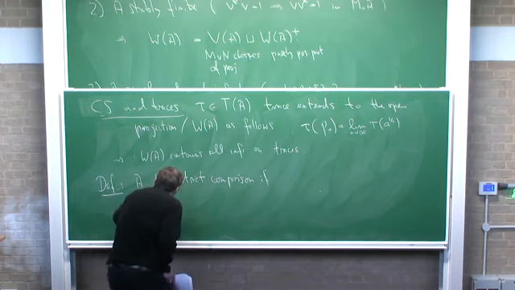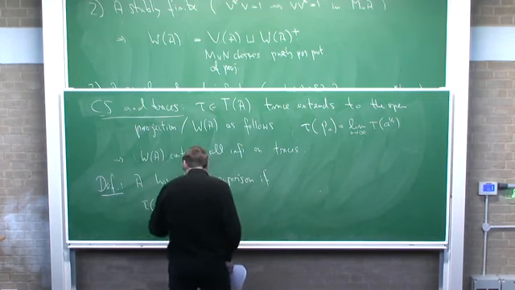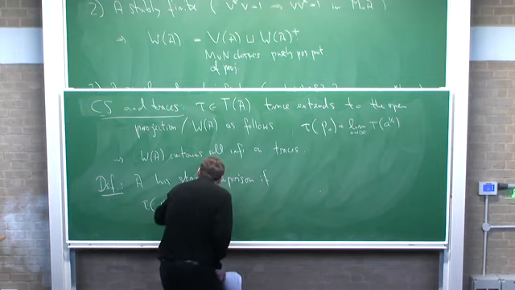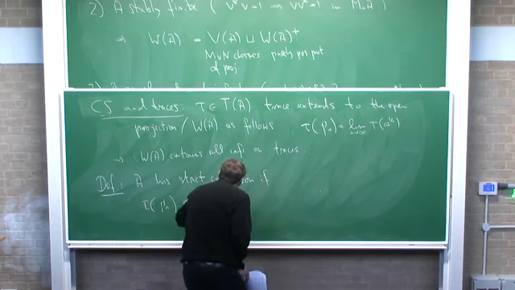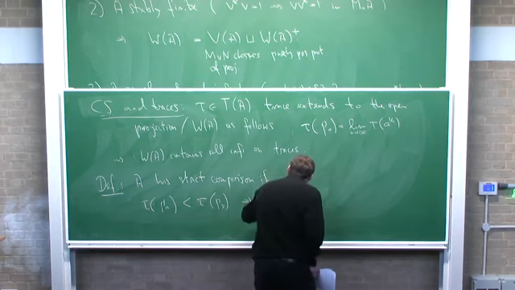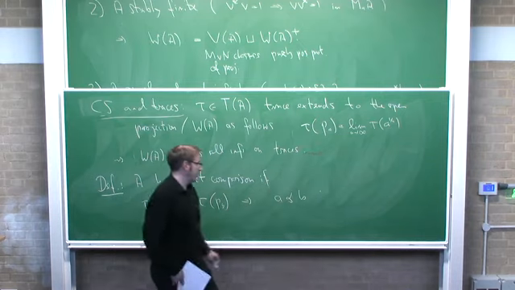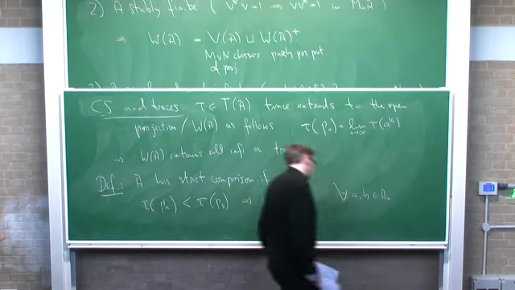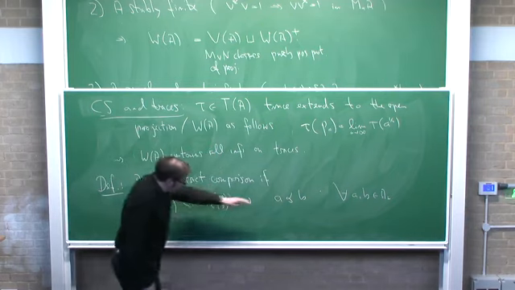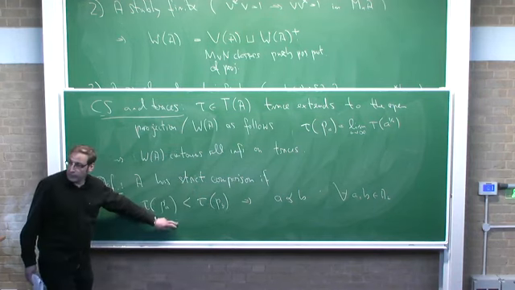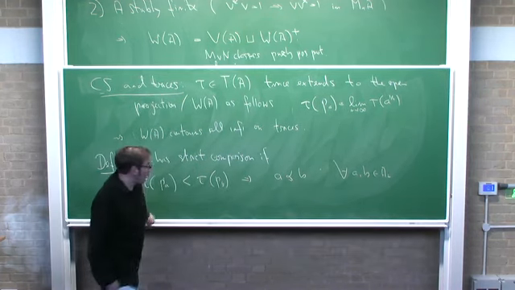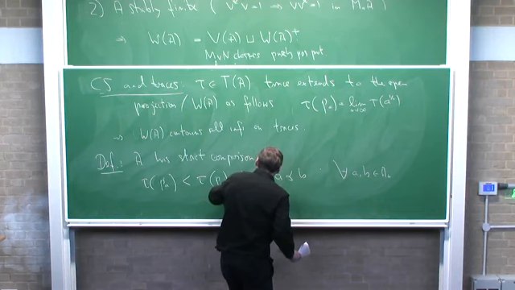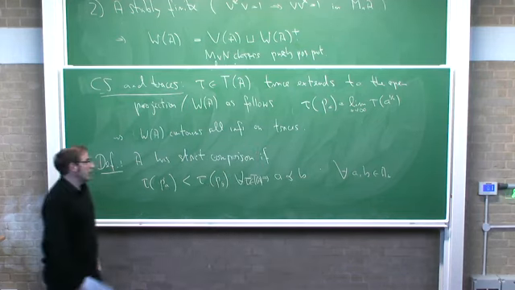Tau of p(a), which is tau of the Cuntz class, if you want, of this positive element a, smaller than tau of p(b), that implies that actually a is Cuntz below b for positive elements in A plus. So in other words, the Cuntz order is determined by the trace order. For all traces or just one trace? For all traces. Sorry, yes. For all tau. That's called strict comparison.